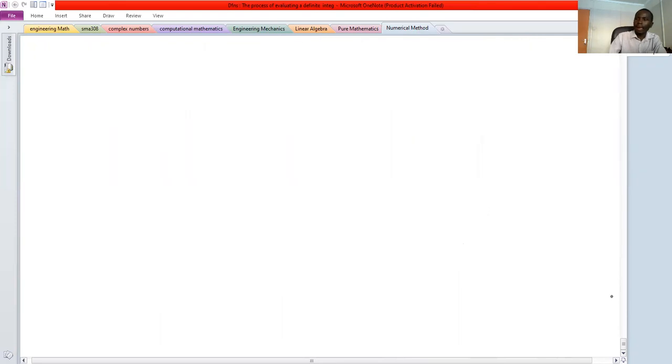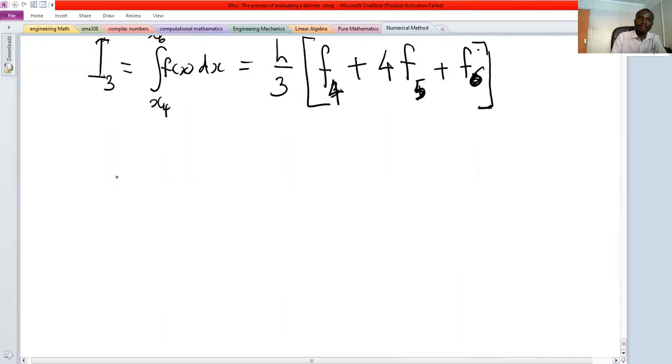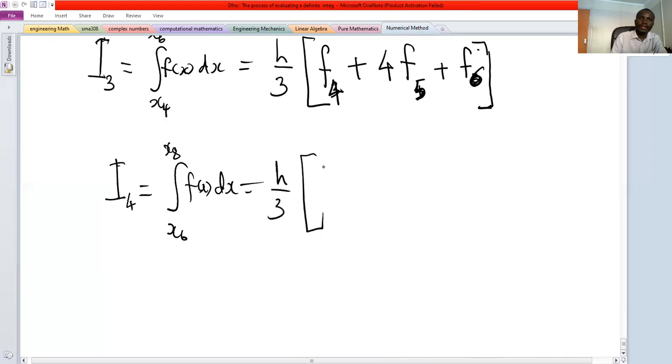And then I4 will now be the integral from x6 to x8, f of x dx. And when you work out, you should get h over 3 into f6 plus 4 f7 plus f8.